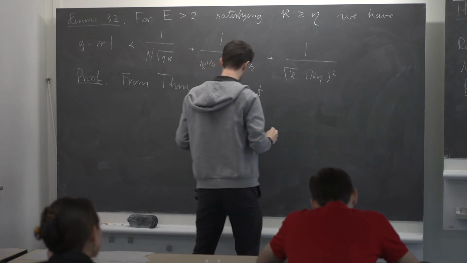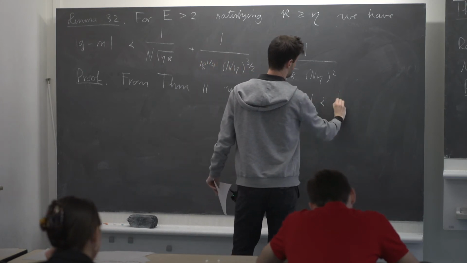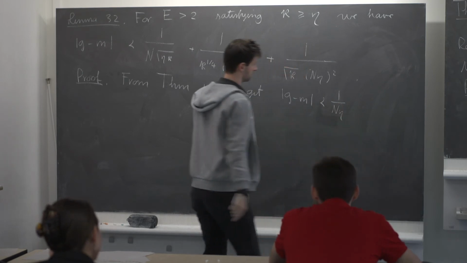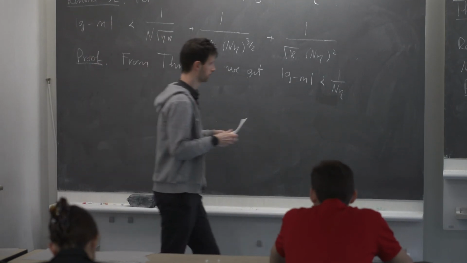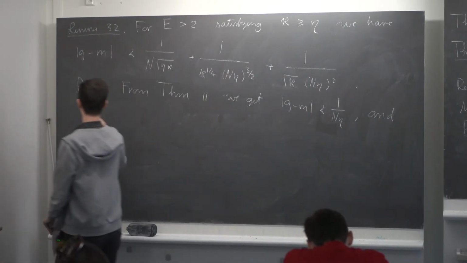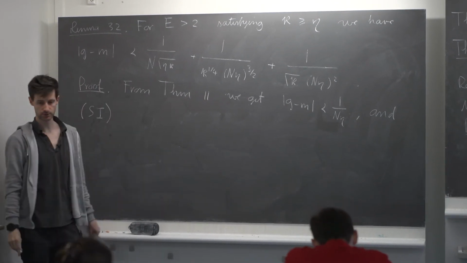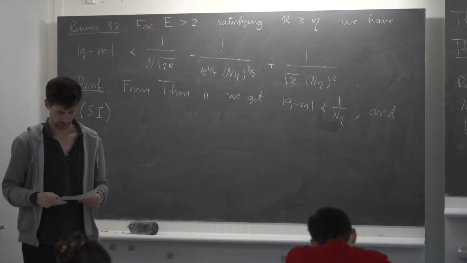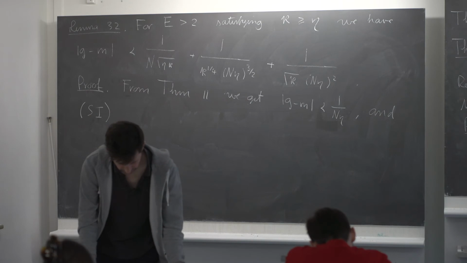If you recall, G minus M was bounded by 1 over n eta. And then we had this equation, the self-improving bound, which we derived when we did the proof of theorem 11.